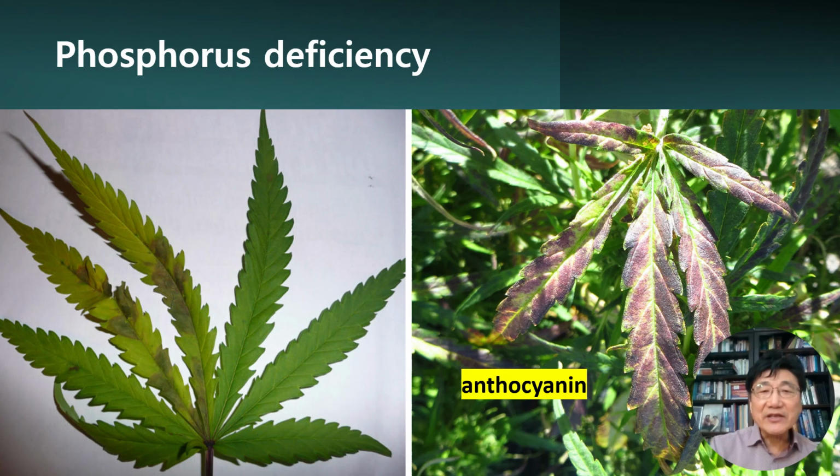Anthocyanin synthesis increases because stress signals trigger the plant to produce anthocyanins. These pigments help the plant reduce light stress and oxidative damage.